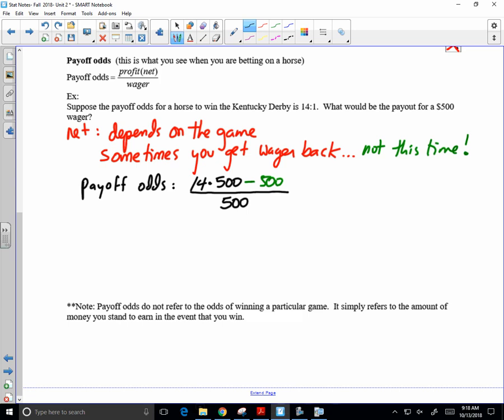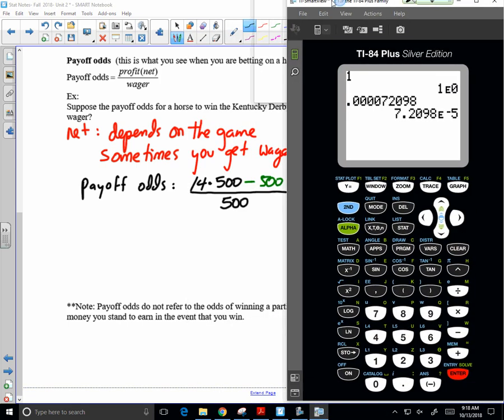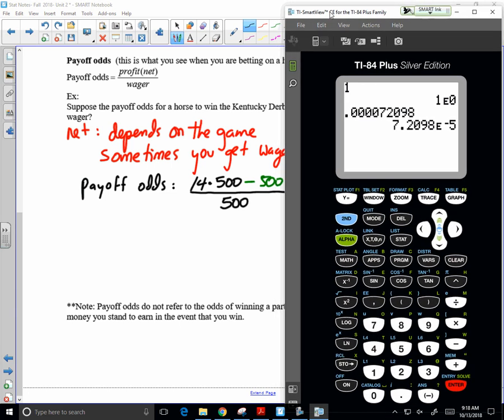But you could also, if you're a procedural person, just follow the technique of multiply by the wager, subtract the wager, divide by the wager. So 14 times 500 minus 500, divide by 500.